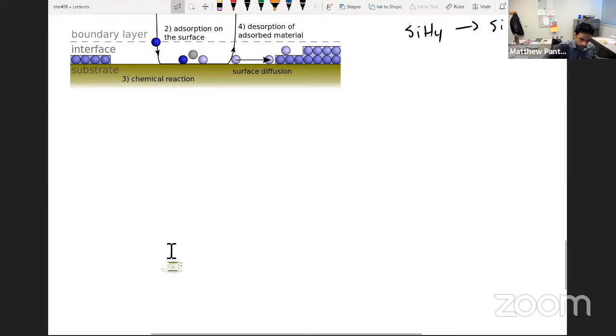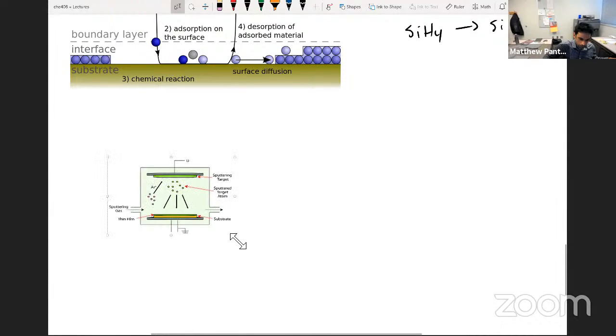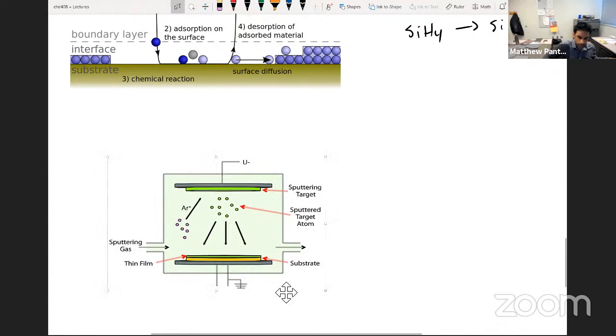Let's see if I can get this. Okay, this is a bit smaller than I wanted. Here we go. So there's a few ways you can do physical vapor deposition. The one that I'm showing you here is called sputtering.